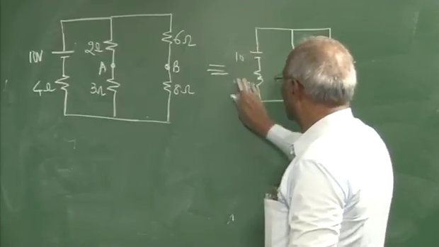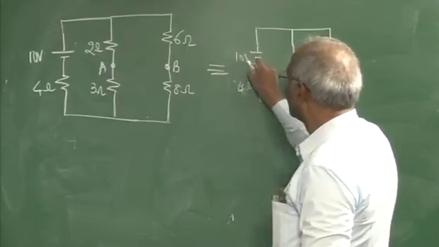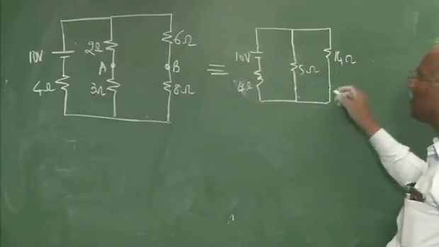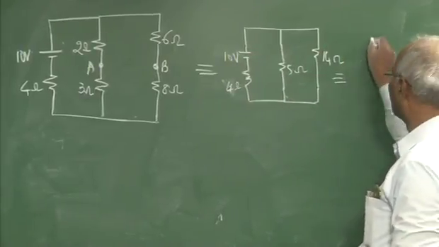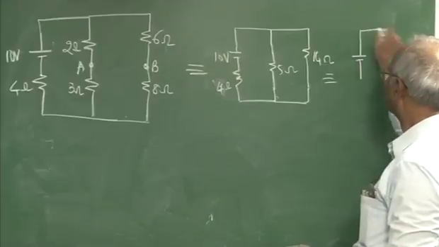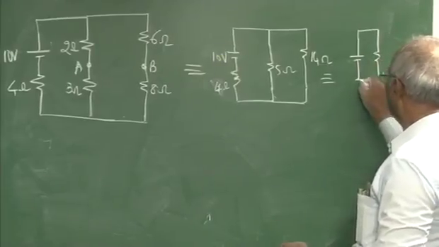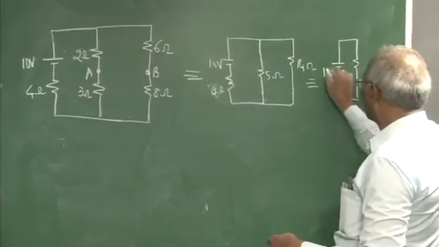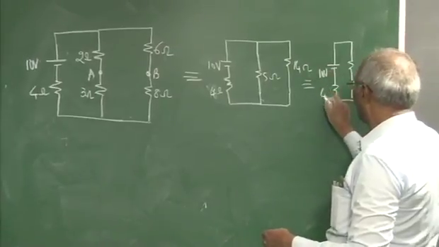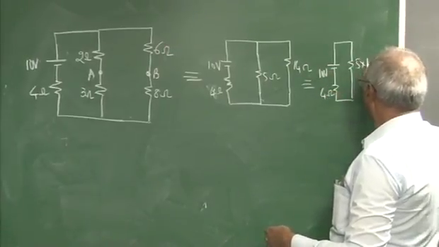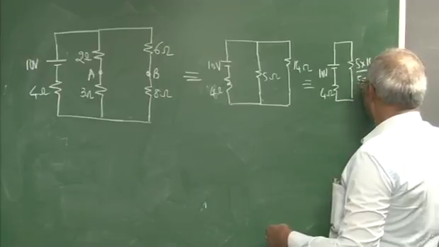This will be 10 volt. The parallel combination of this one can be taken as equal to this: this is 10 volts, this is 4 ohm, and this will be 5 into 14 divided by 5 plus 14.